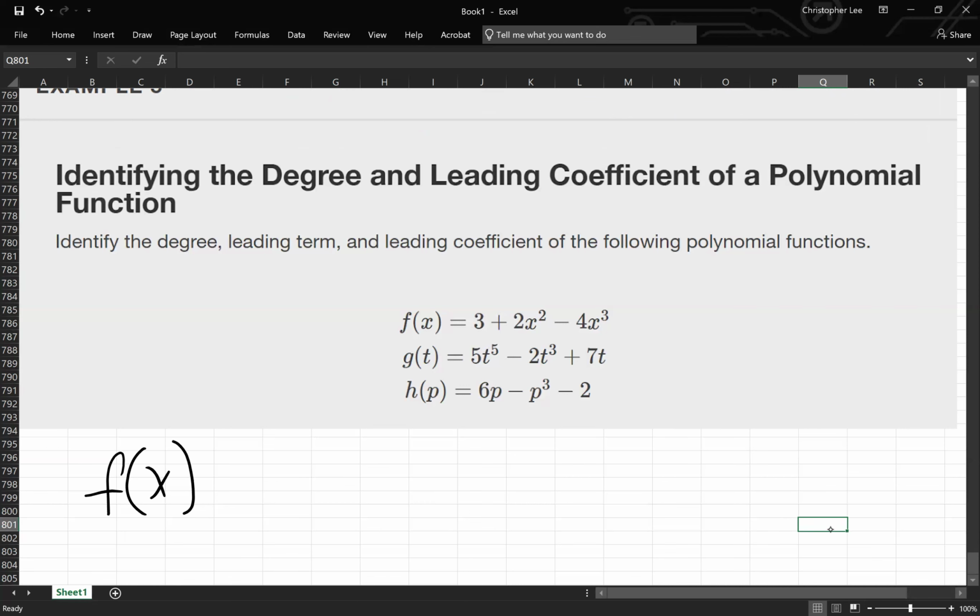The leading term is negative four x to the third. Negative four x to the third, that's a term. All right. What's the coefficient? The negative four, right? The number that's outside.